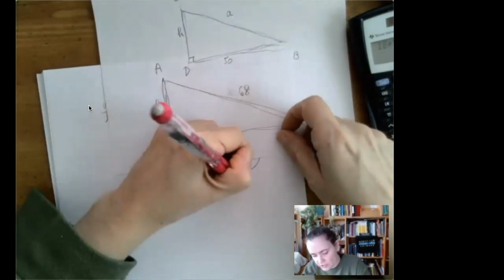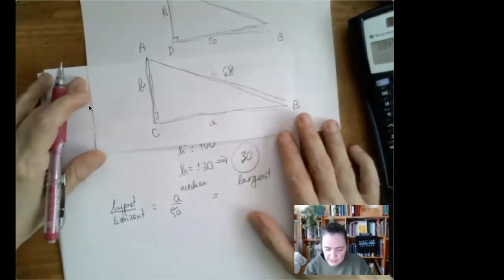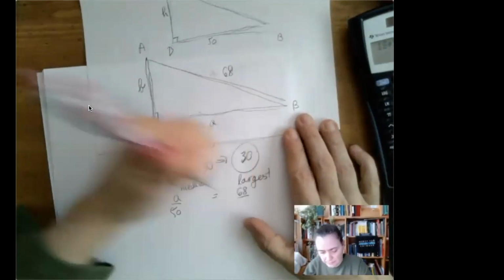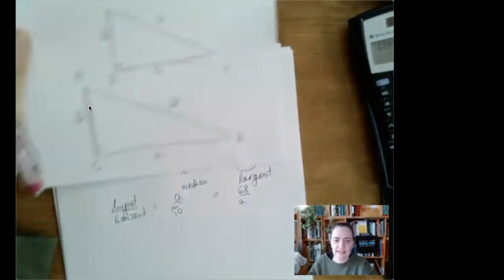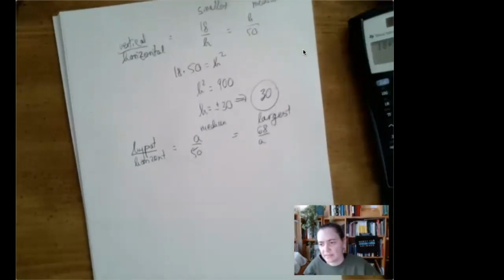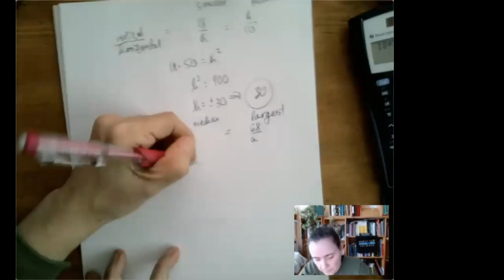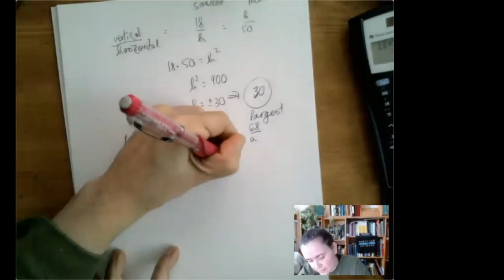And in the largest triangle, the same ratio is expressed as the hypotenuse is 68 and the horizontal side is A. And so we got, again, a quadratic equation, but a simple quadratic equation for A squared equals 50 times 68.